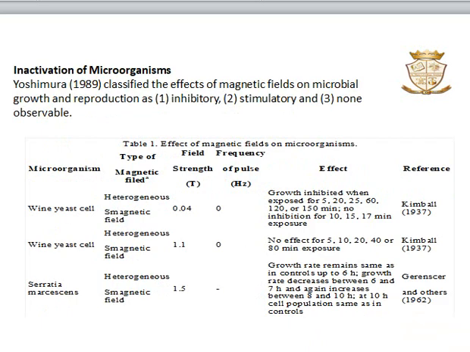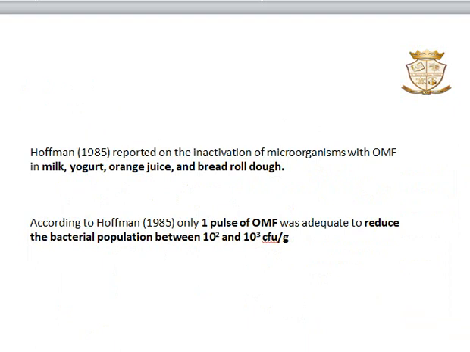We can see three types of effects of magnetic fields on microbial growth and reproduction. The first is inhibitory effect, the second is stimulatory, and the third one is non-observable.